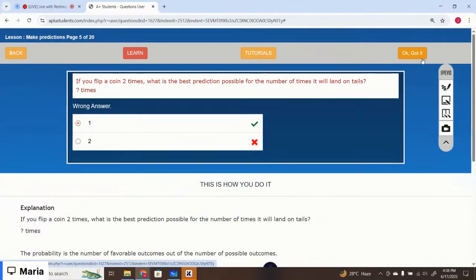And option number one is the correct option.